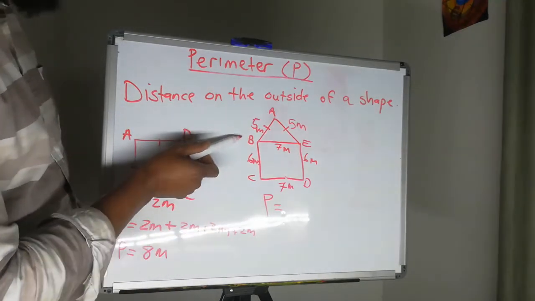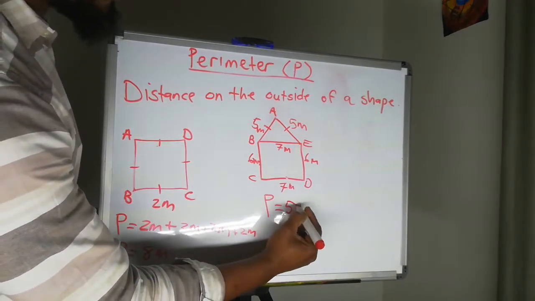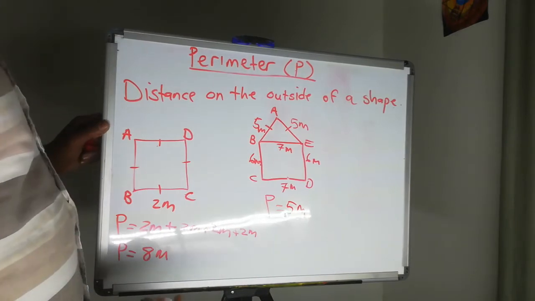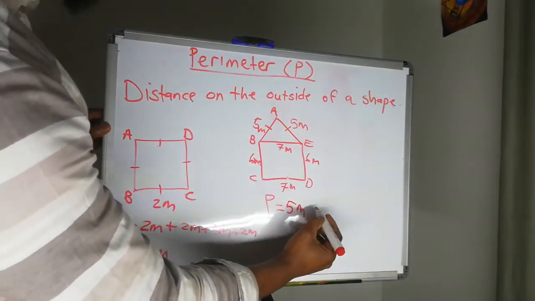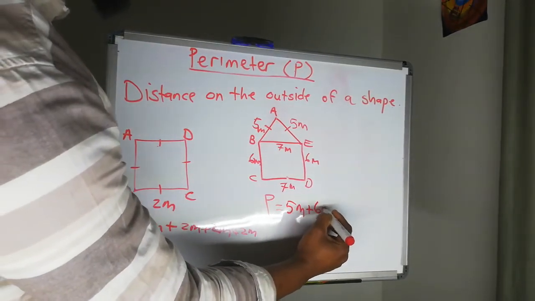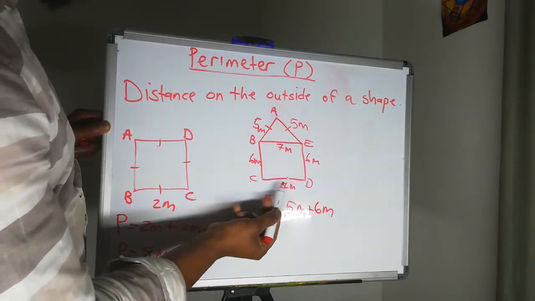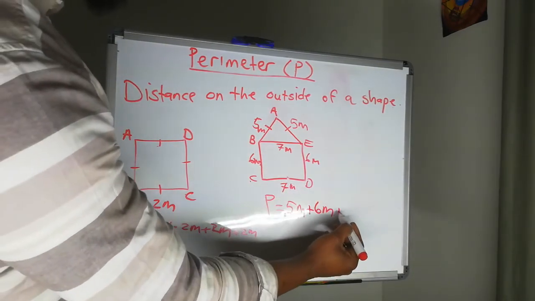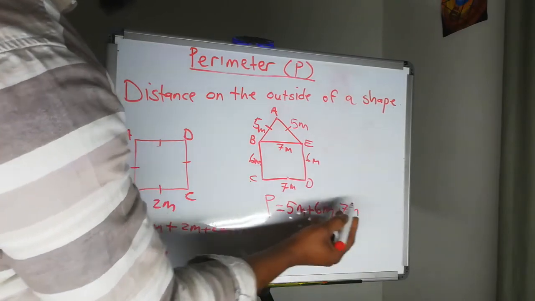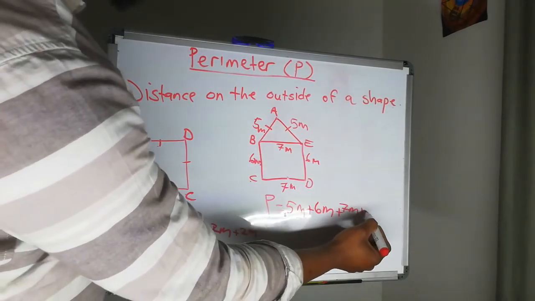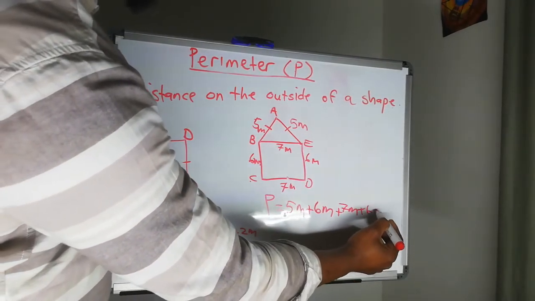From A to B is going to be 5 meters. From B to C is another 6 meters. From C to D is 7 meters. And D to E is going to be 6 meters.